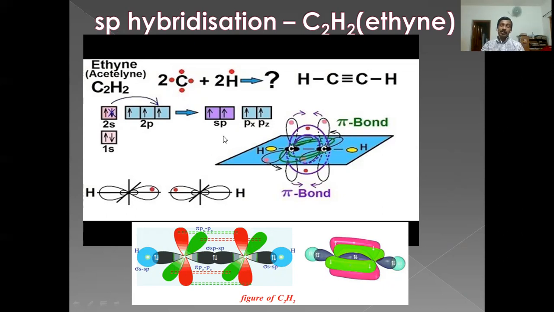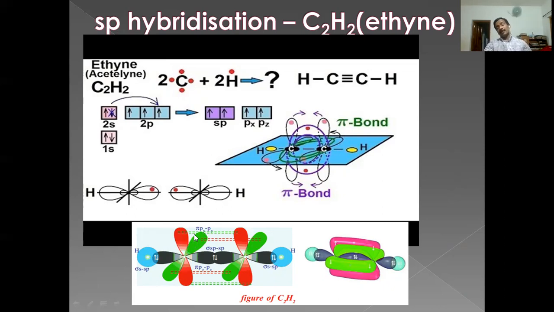And now these two p orbitals are remaining with unpaired electrons. Therefore, those p orbitals also will take part in chemical bond formation. Here, two p orbitals are represented, one red and one green, to identify them clearly.